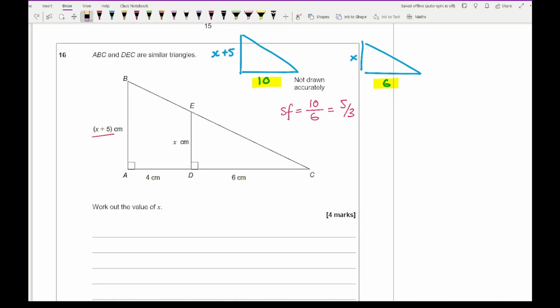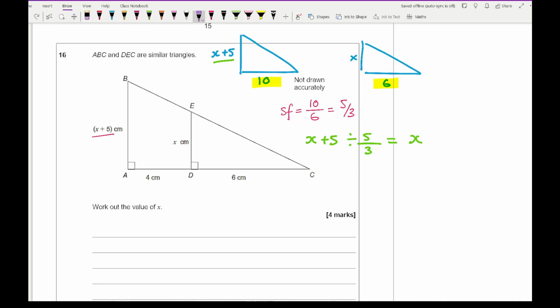Now because x is on the smaller shape, I do the side on the big shape, x plus 5, divided by the scale factor, since I'm going from big to small, so it's divided by 5 over 3, and that's going to equal x.